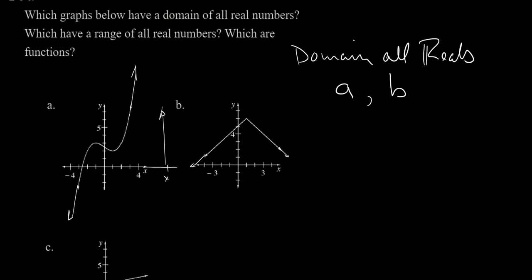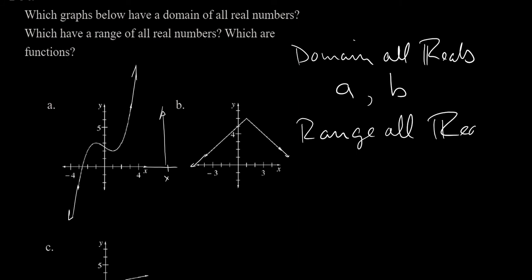Now, the other thing it says, which have a range of all reals. So let's write that down. Range of all reals. A has a range of all reals because it's going to encompass all these positive values going this way and all the negative ones shooting down here.